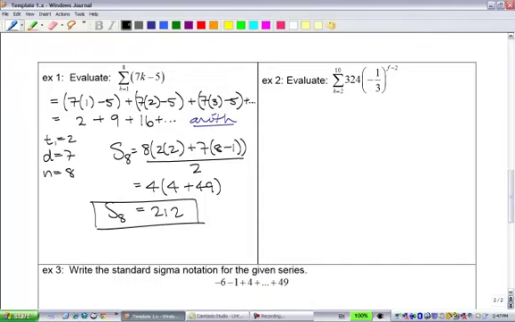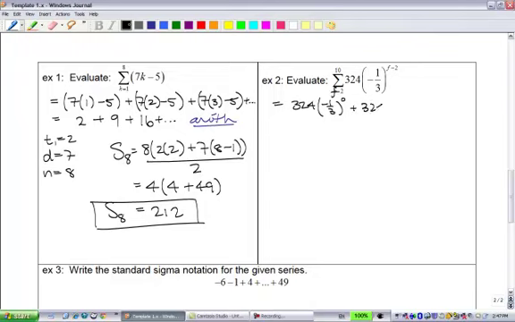Why don't you hit pause here and try the second example. If we write out the first couple terms in the second example, we're getting a little bit more involved here. The first term is 324, negative 1 to the, this should be k down here. K equals 2, 2 minus 2 is 0.